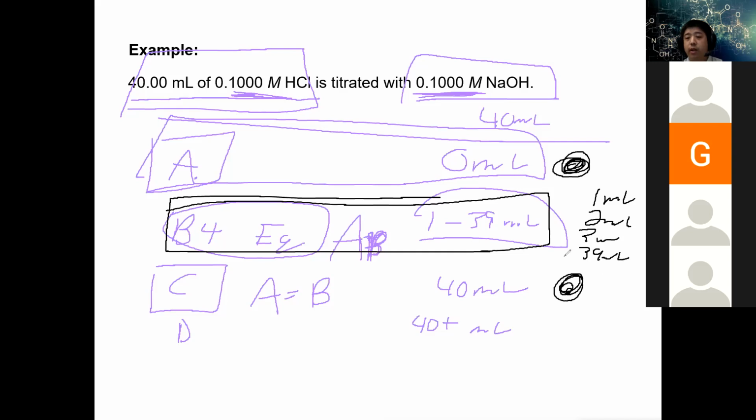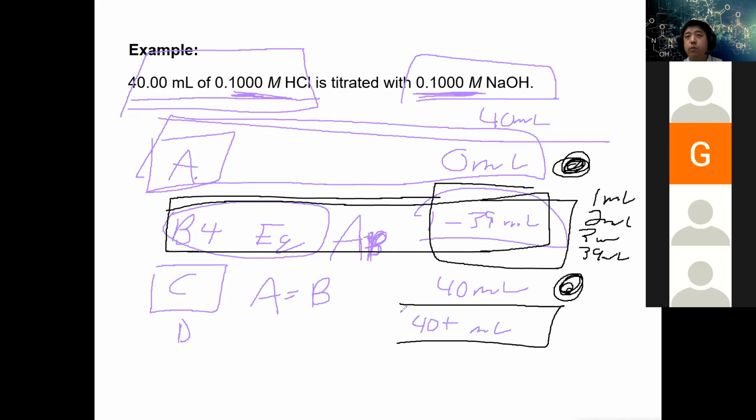So you get the point. I can have many, many different answers here, okay? Same thing with this one. As long as it's greater than 40, 41, for example, 42, 50 if I wanted to, they all can be used to calculate the pH after equivalence point. Does this make sense so far?